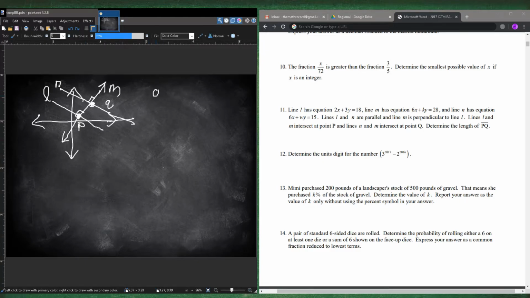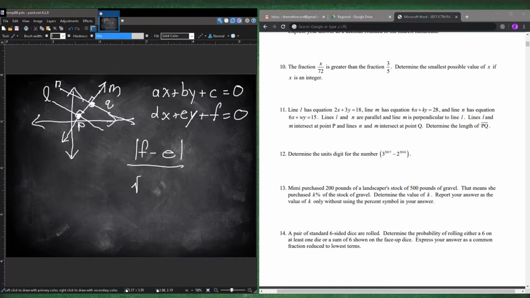If you have two equations, ax plus by plus c equals 0, and another one, dx plus ey plus f equals 0, where a equals d and b equals e, basically the same numbers, then the distance is the absolute value of f minus c, over the square root of a squared plus b squared.